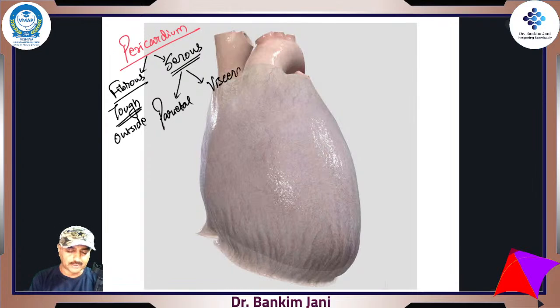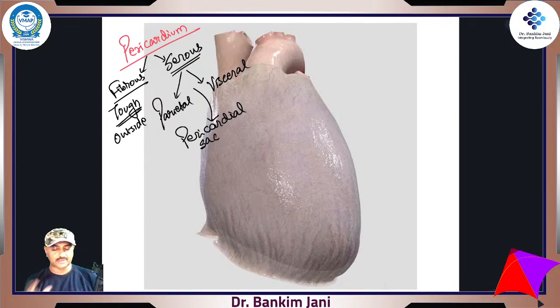In the same way over here, we have the parietal serous and the visceral serous pericardium. And in between, the way we had the pleural sac, here we will call it the pericardial sac, a space between the parietal and the visceral layers of serous pericardium. This is what we need to remember.